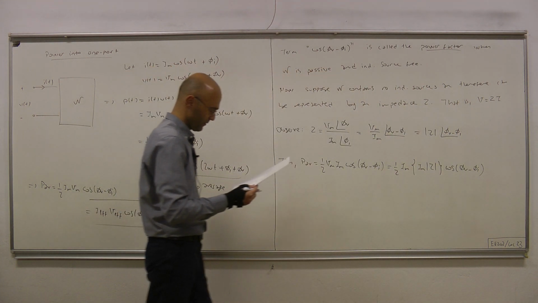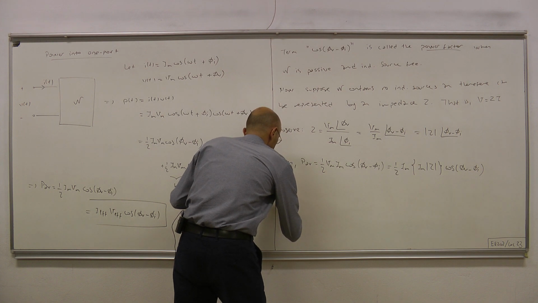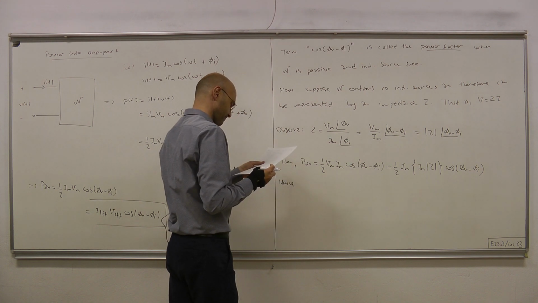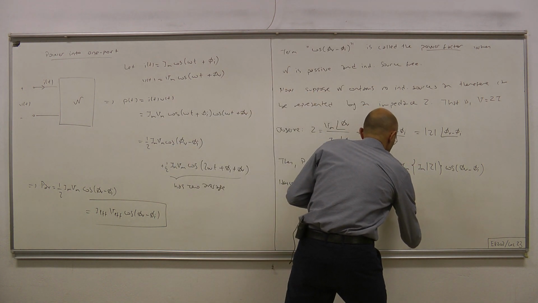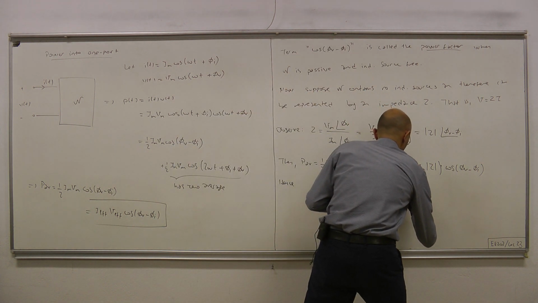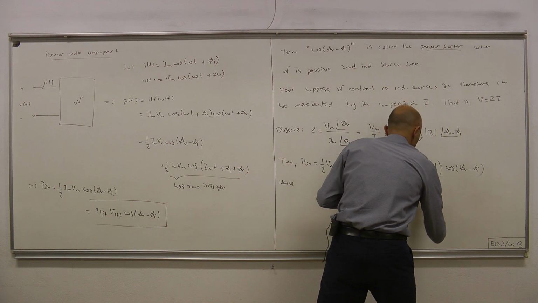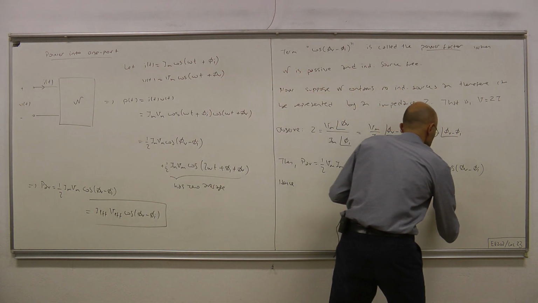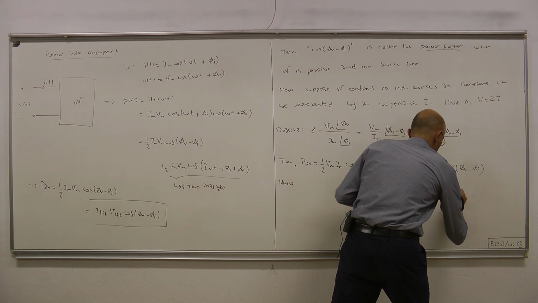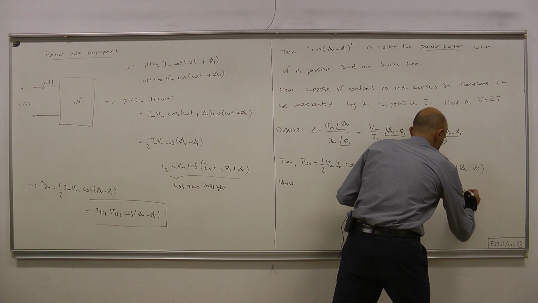Well, that can be written as 1/2 Im squared times the magnitude of Z times cosine phi v minus phi I.